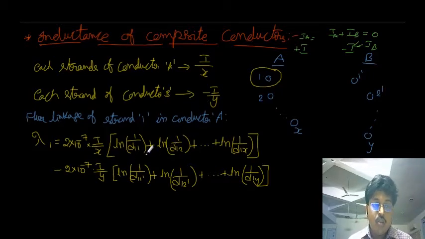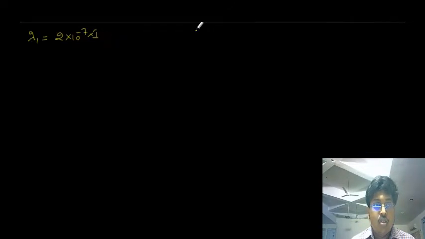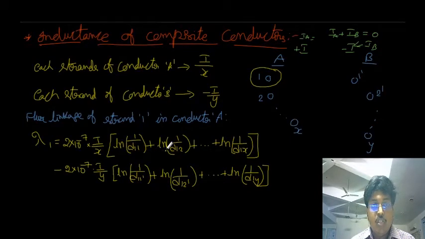Now lambda 1 equals 2 into 10 power minus 7 into I. Both these terms, 2 into 10 power minus 7 into I, can be taken as a common factor. Now this 1 by x can be taken with the logarithm, again in log A plus log B notation.